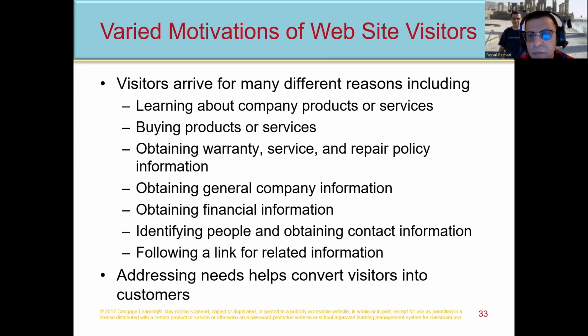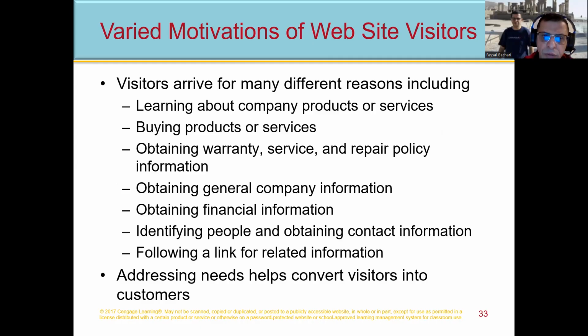Why do visitors arrive at a website? For many reasons. There is a variety of motivations among website visitors. Some people go there to learn about the company's product or service.